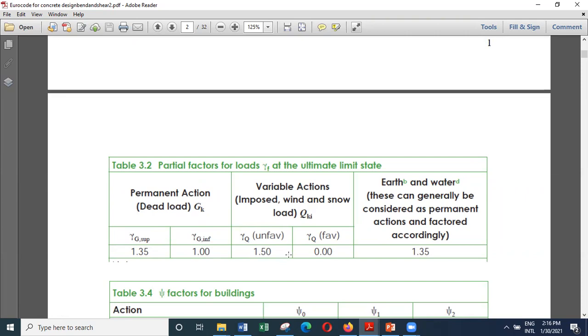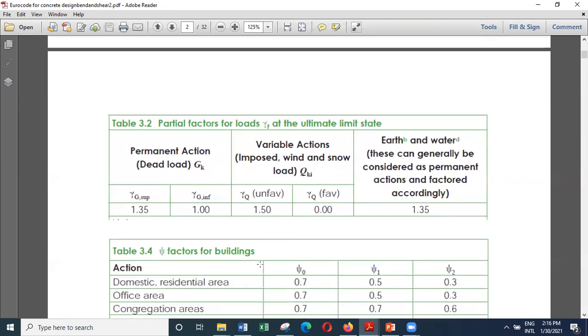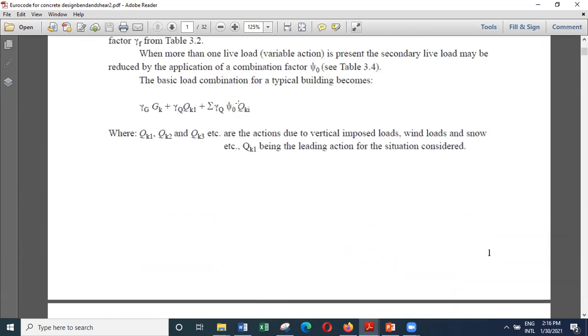So in BS codes, it used to be 1.4 and 1.6, but in Eurocodes, it's 1.35 and 1.5. And then if you look at this equation, you can see there's a phi naught factor.